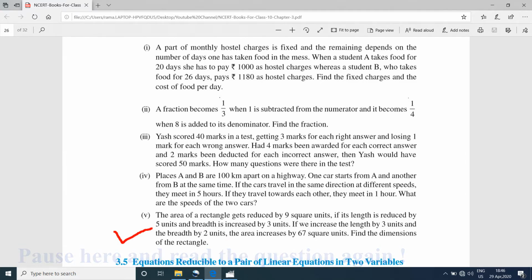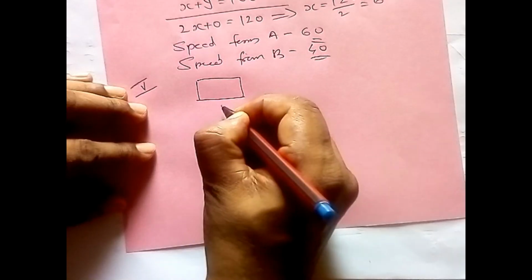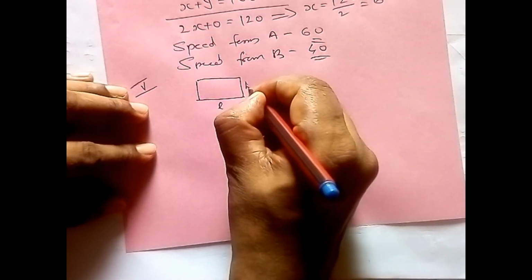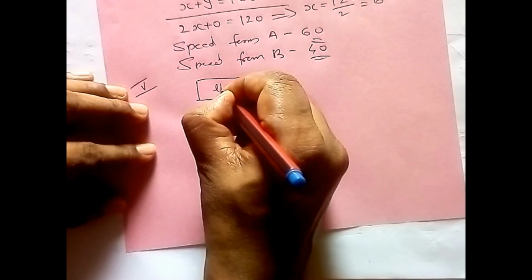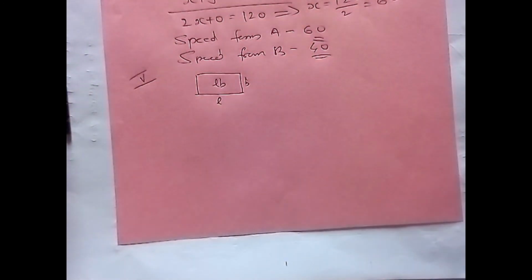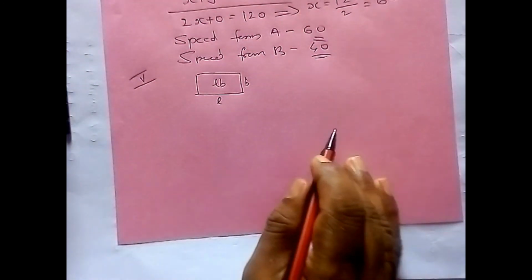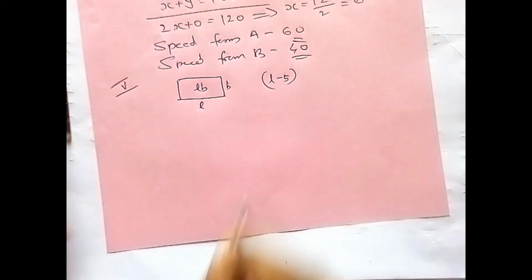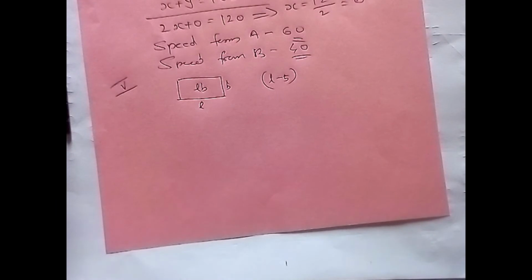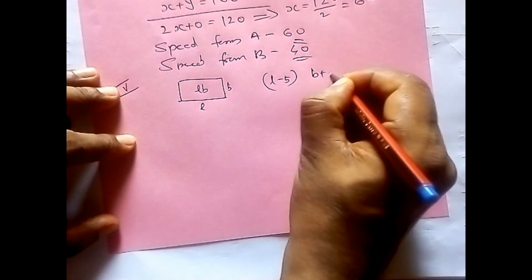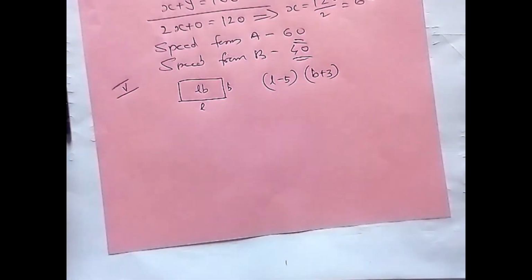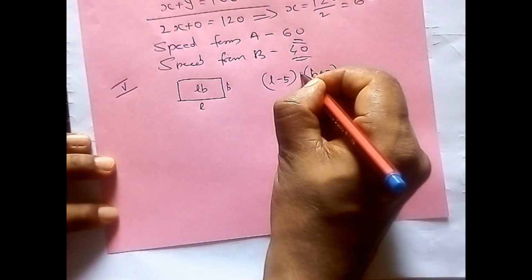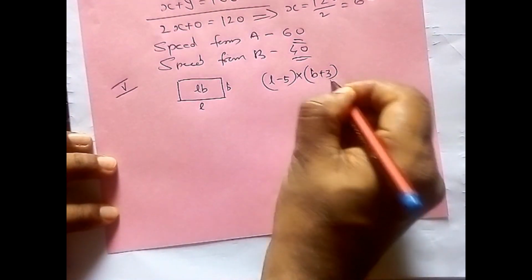Area of a rectangle gets reduced by 9. So we will draw a rectangle here with the length L and breadth B, so that the area is L into B. If length is reduced by 5 units means L minus 5, and breadth is increased by 3 units means B plus 3. Now what will be the area? Yes, length into breadth.